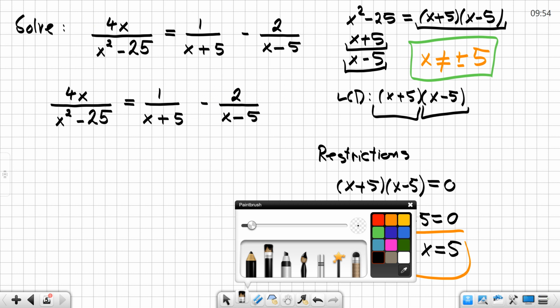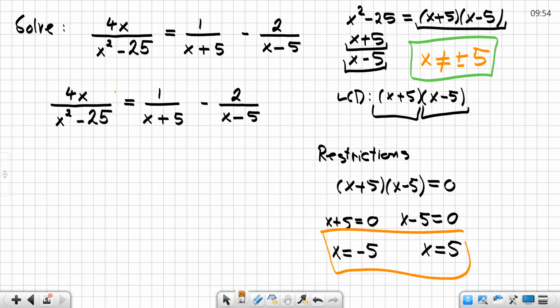All right, so the left side is going to be multiplied with x plus 5 times x minus 5. The right side is going to be multiplied with x plus 5 times x minus 5.